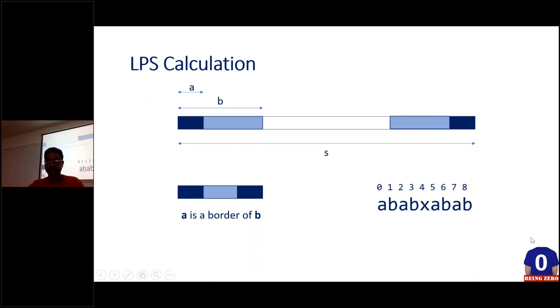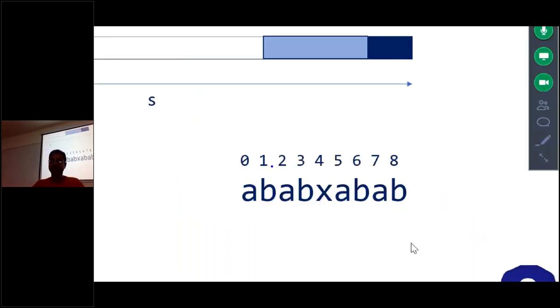So let's focus on this string. Till now the failure table can we verify: 0, 0, AB, ABA, ABA, ABAB, ABAB.